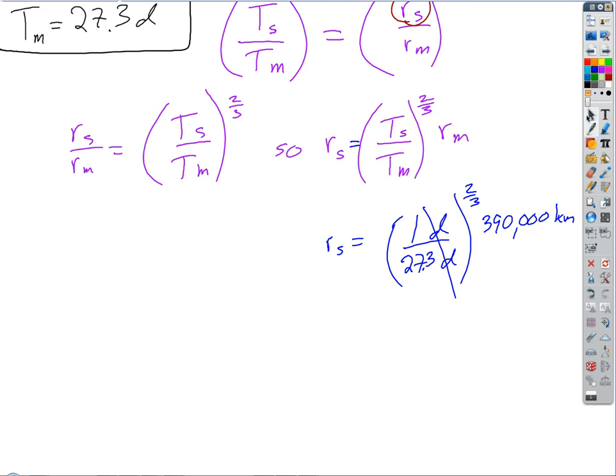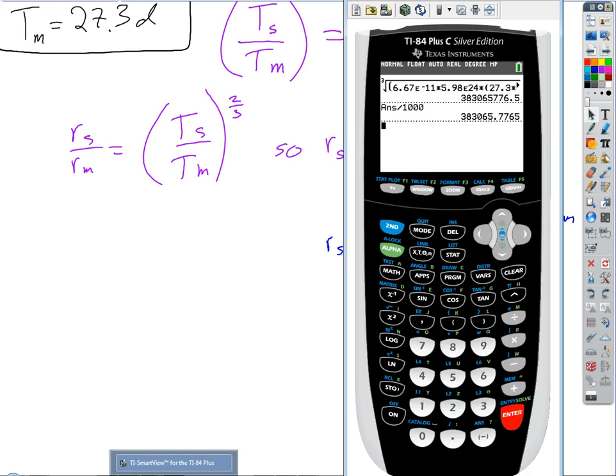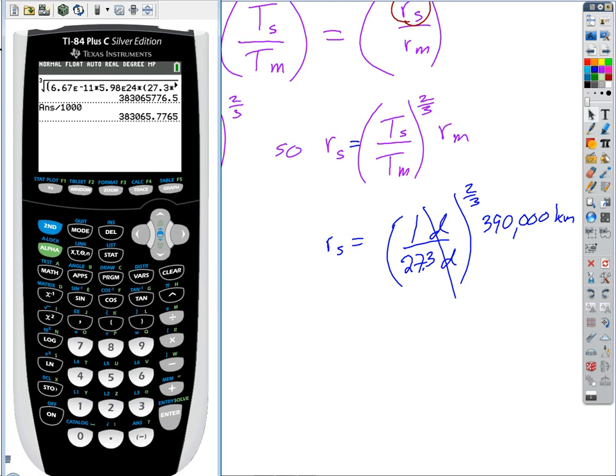So what do we get? These are big numbers when you talk about gravity stuff like this. So we get the quantity 1 divided by 27.3 to the power of the quantity 2/3, times 390,000 equals 43,015 and change.